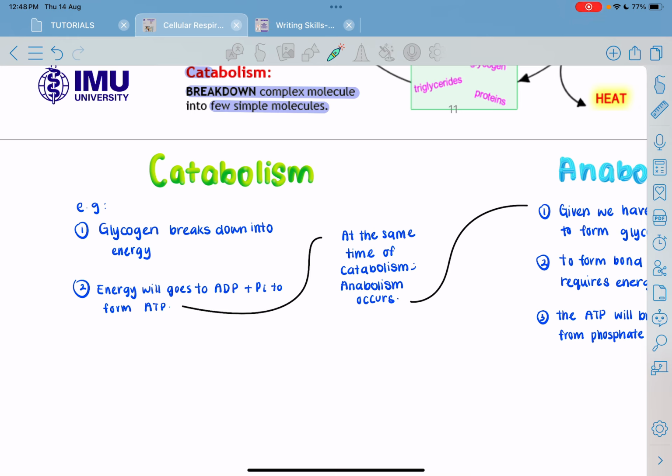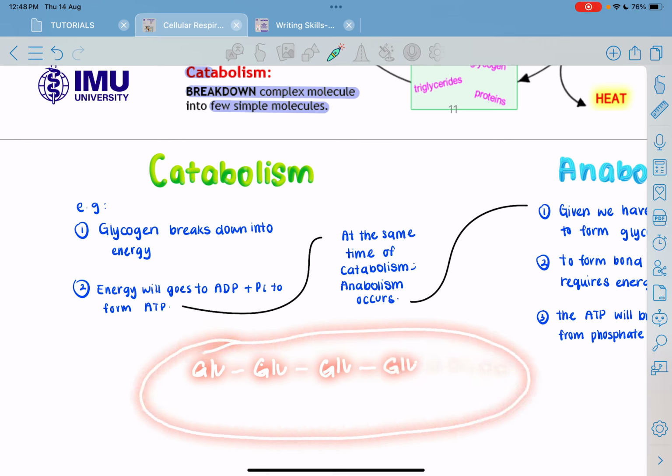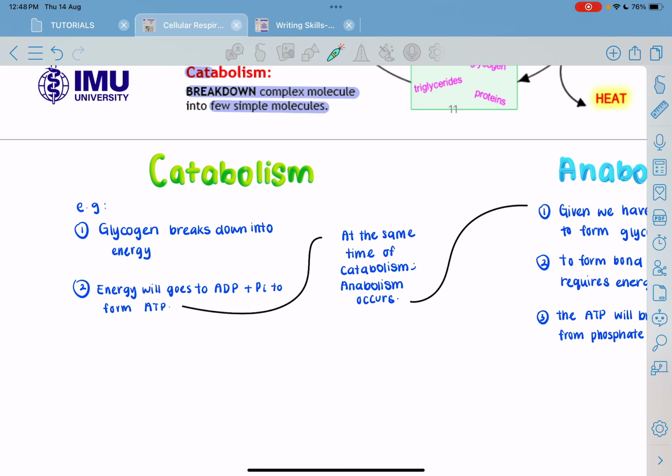When we talk about breakdown, we know that glycogen is basically just glucose with glucose and more. So it's a very long chain of glucose that eventually forms glycogen. Because we're talking about splitting or breaking down, obviously from something bigger or very long into something very small.